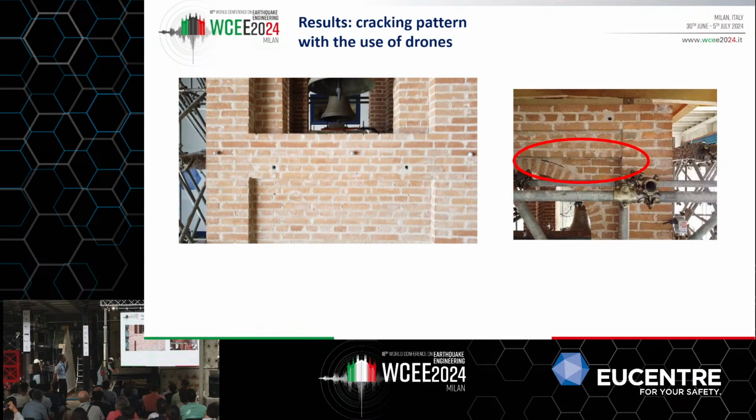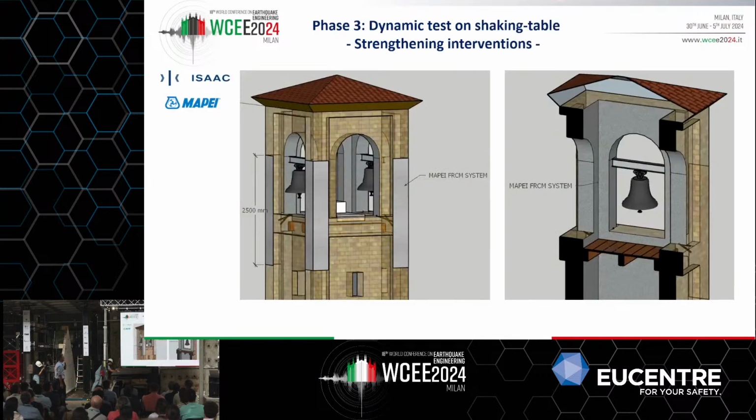This was very good, and this was the damage occurred at the extrados of the arch, as I told you before. Then we stopped it, and we provided strengthening interventions with FRCM at the level of the belfry.